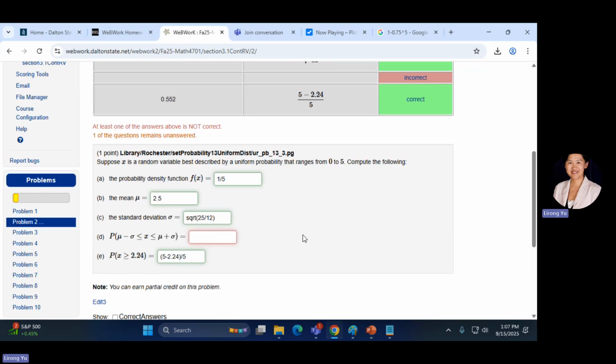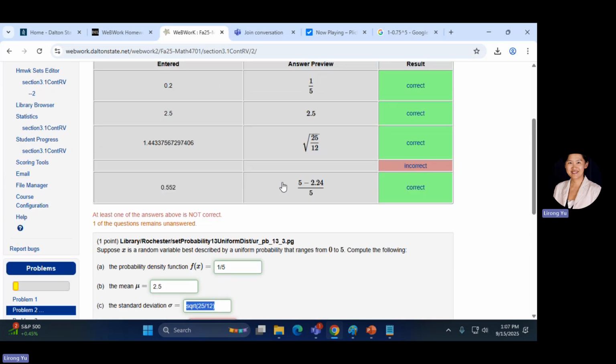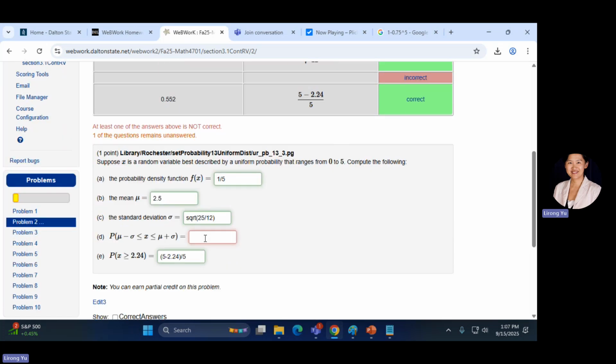This one, what was the sigma number? The standard deviation sigma is given. So what was the probability of this? Now we have 1.44. So the upper bound is mean plus 1.44, and the lower bound is mean minus 1.44.